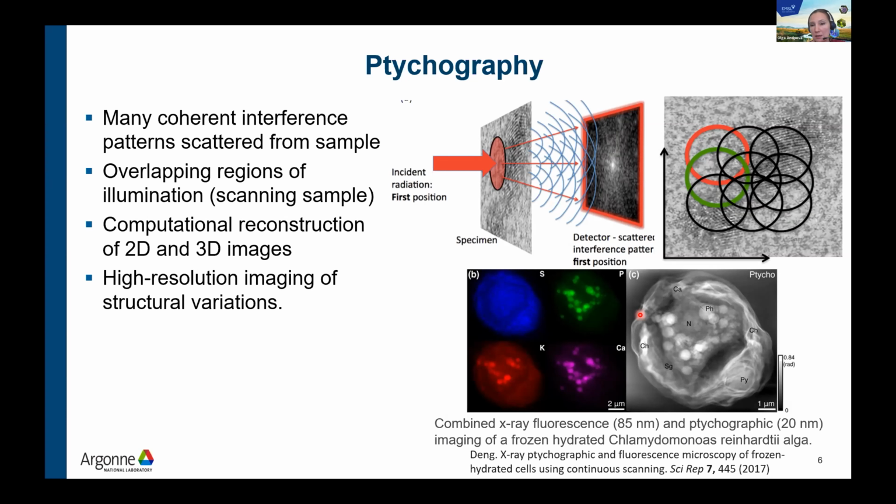It is produced using overlapping scans over the sample, and the result is high resolution imaging of structural variations of the sample. Here is an example of a Chlamydomonas alga, where on the right we have ptychography, and on the left we have the elemental distribution of a few elements.